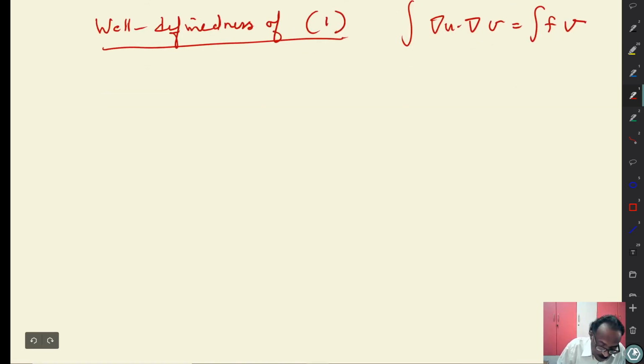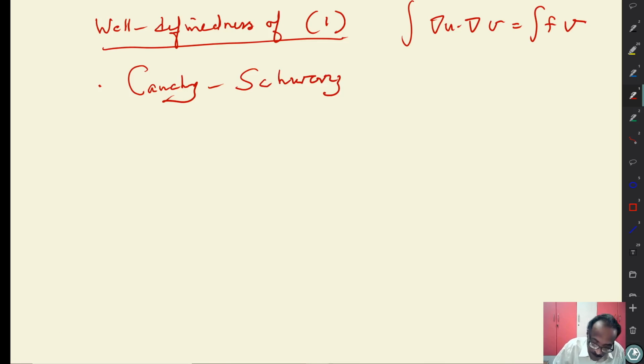Okay, so here we recall the Cauchy-Schwarz inequality. I'm appealing to some of the things from functional analysis.